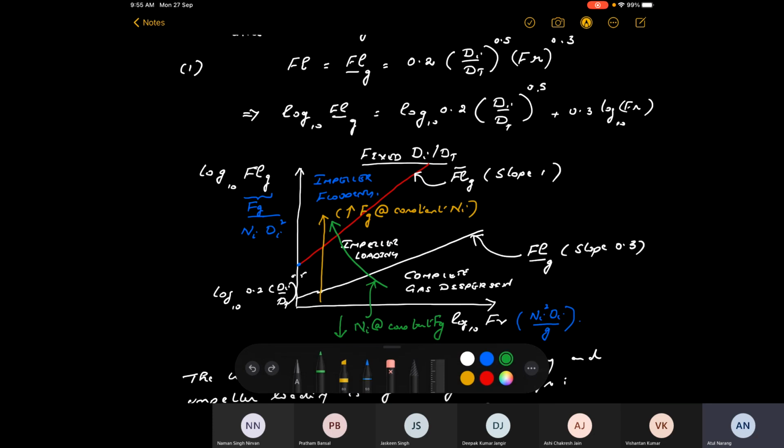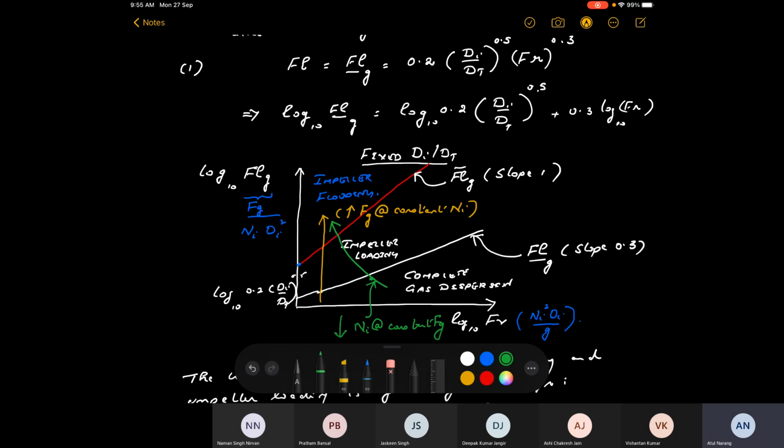In other words, originally, it will turn out you're operating literally at the boundary. So it's no surprise that an almost 50% reduction of the impeller speed will take you away from complete gas dispersion. And the only question that remains is, where do you end up, in impeller loading or impeller flooding?